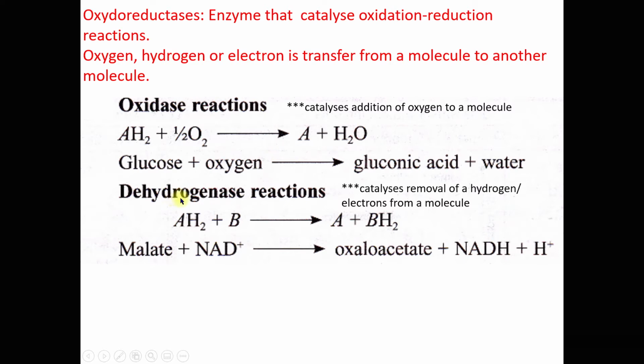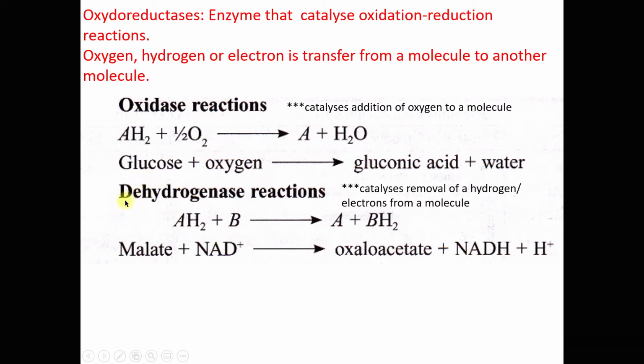And then dehydrogenase reaction, where enzymes in this reaction, such as dehydrogenase, catalyze the removal of hydrogen or electron from a molecule. Now easy to remember, the keyword here is DE. D means removal. Hydrogen, so it means the removal of hydrogen.